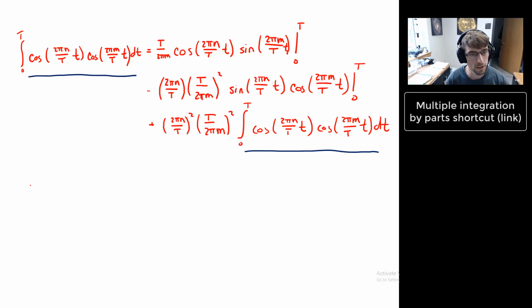We can write this as 1 minus n squared over m squared times the integral that we were interested in, 0 to T, cosine of 2 pi n t over T, cosine of 2 pi m t over T.